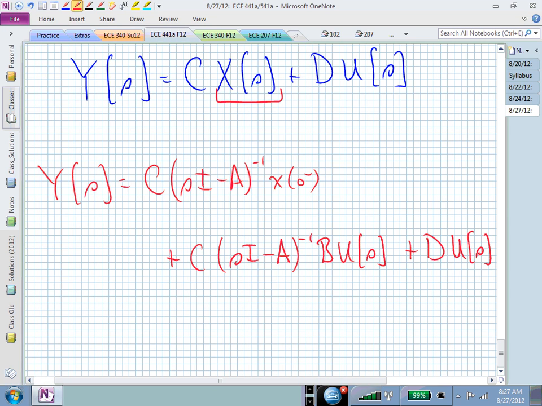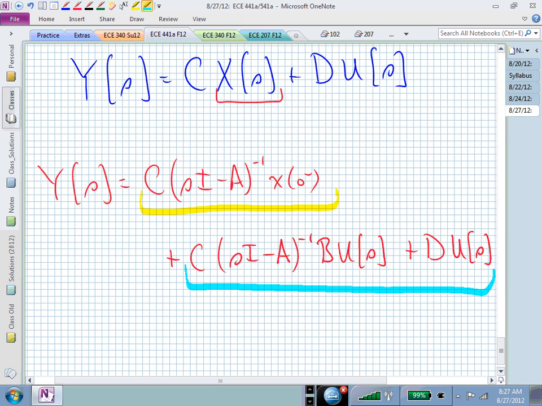This is now the frequency domain expression to that, and in this particular form, hopefully it's clear that I have two parts to that output. I have an initial condition part, which would give rise to the initial condition response, and then I have a term that's due to the forcing function, the input.